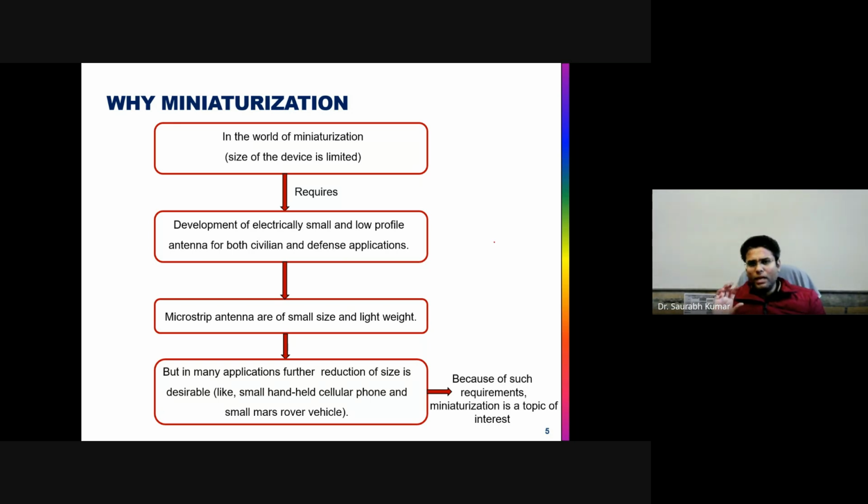So the microstrip antenna is a good candidate that can come into the picture, and it can resolve things: it takes a lower third dimension, or is low profile, and it can be used in spaces where the size requirement is limited. However, further size reduction is also required in some applications. So miniaturization is a topic of interest, you can say.